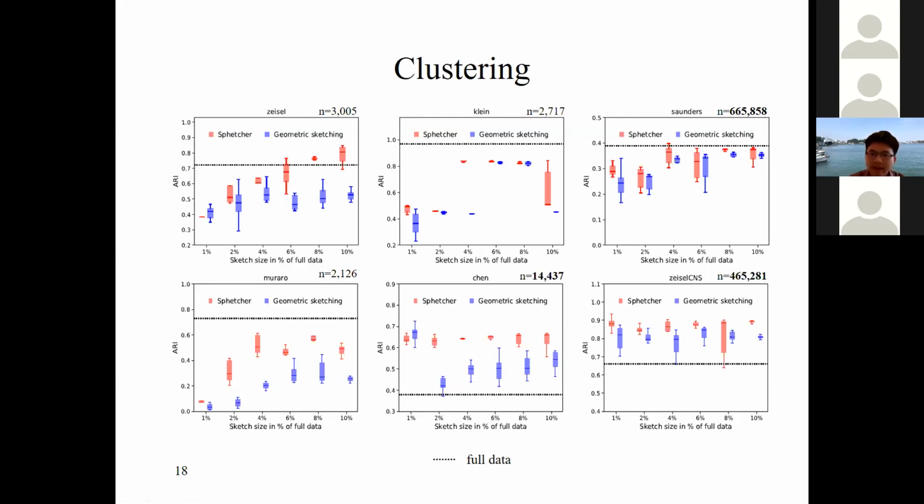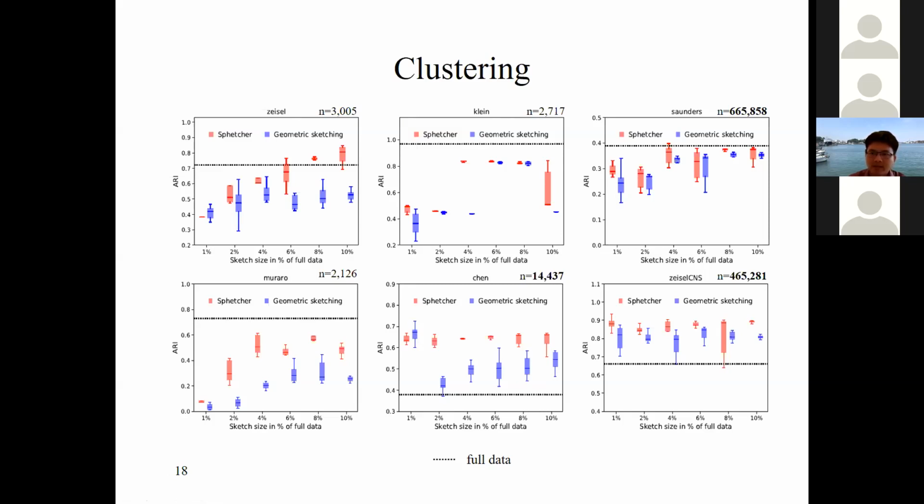And in here, the dotted line indicates the score on the full data. And you see that remarkably in several instances, our method is even better than capturing the full data. And this is not a surprise.